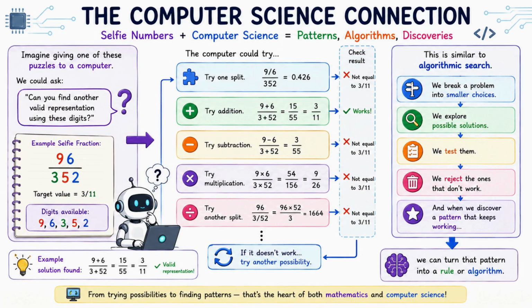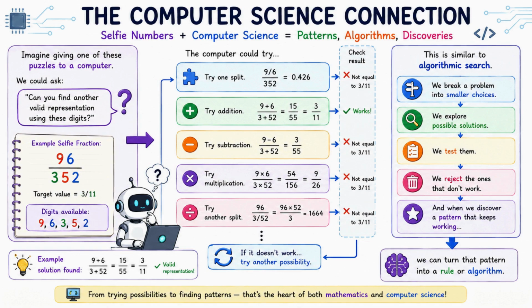And this is where selfie numbers connect beautifully with computer science. Imagine giving one of these puzzles to a computer. We could ask, can you find another valid representation using these digits? The computer could try one split, then another, try addition, try subtraction, try multiplication, check the result.